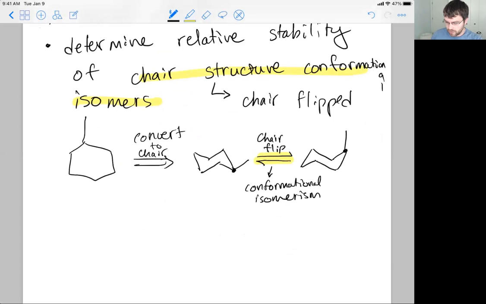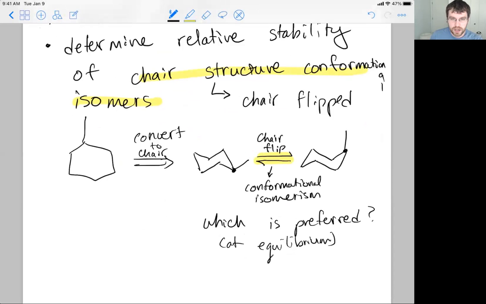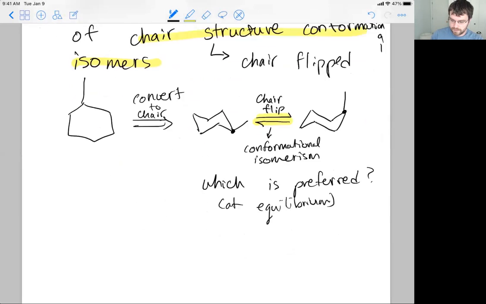Okay, so my question is, which is preferred? And for those of you that have a deeper chemistry background, I would say which is preferred at equilibrium.